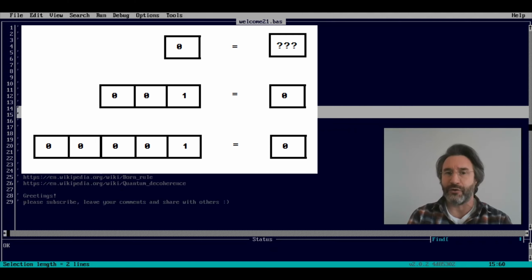And then in practice, the majority of measurements that you get are going to tell you what is the value of the logical qubit. So for example, what you see here in the middle row is practically 3 single qubits that are prepared in exactly the same state, but then 2 of them provide a 0 and the other provides a 1. Since the majority has provided the result 0, we will say that this logical qubit is in the state 0.